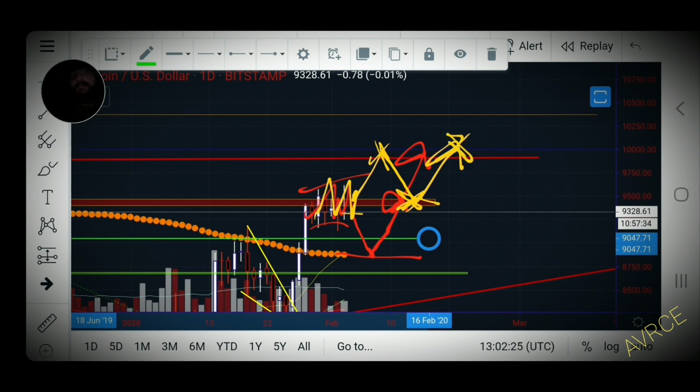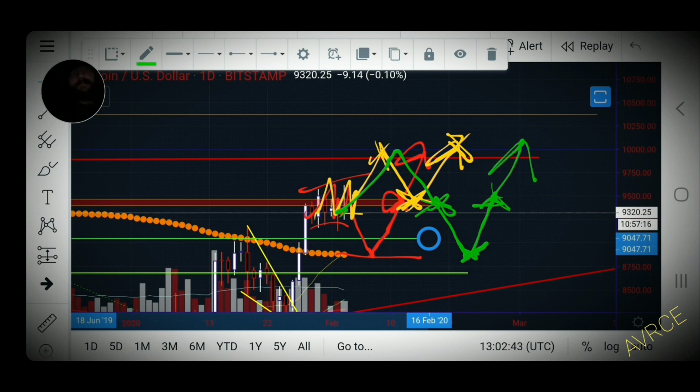And scenario 3 is where we break up, then we come back down, but we break down through this resistance here and end up coming down to the 200 daily moving average, and then going back up, breaking back through this, and then going back up. I mean, those scenarios may not exactly happen like that, but those are the ways that I can see this going.